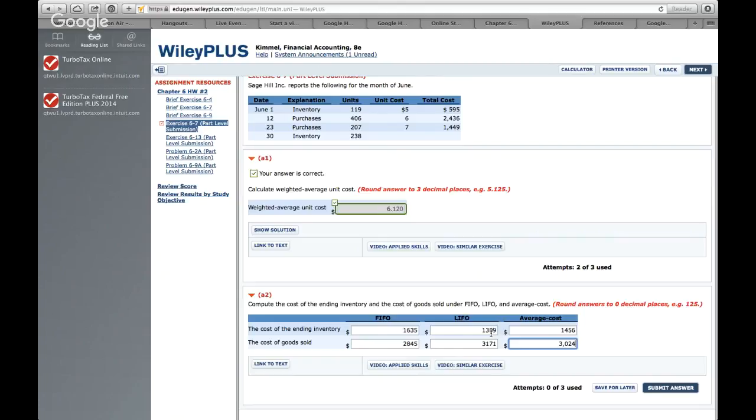Okay. Once I calculated that, I went down to the cost of goods sold, which again is the total cost. So these three numbers added together, which was $4,480, minus the 1,309 that we received.